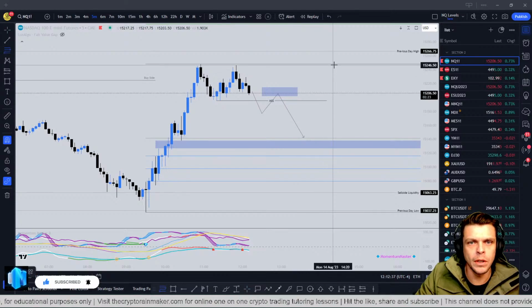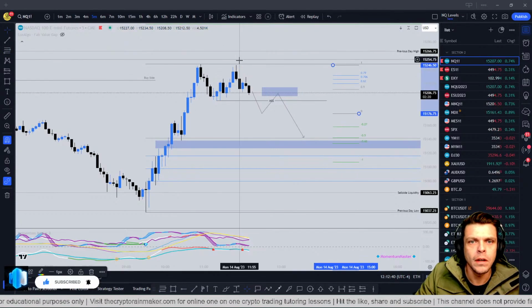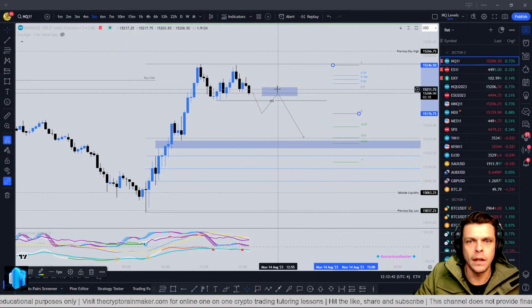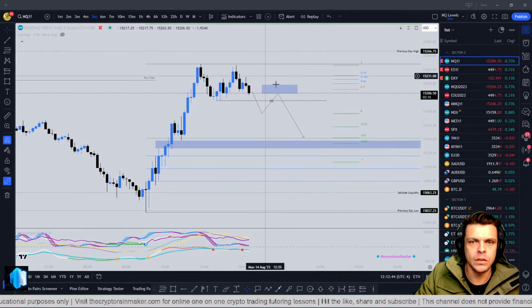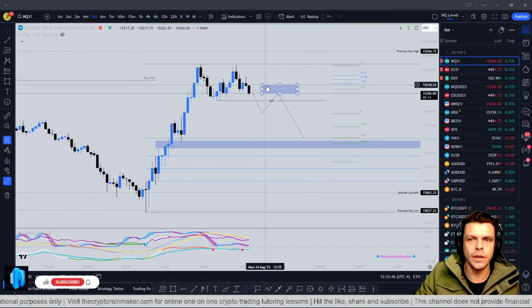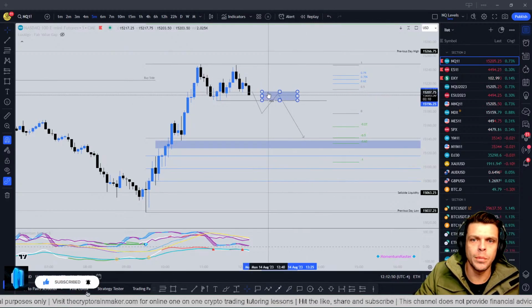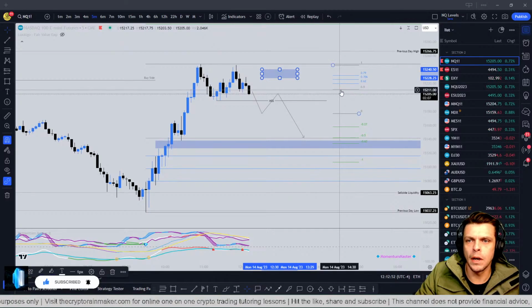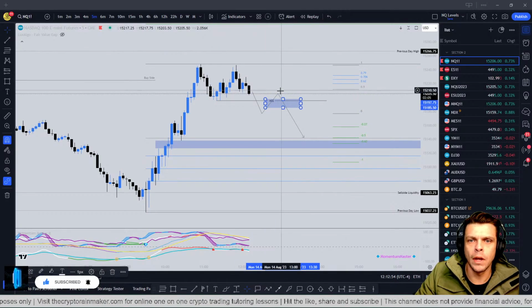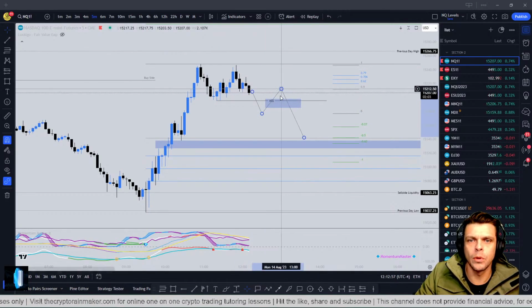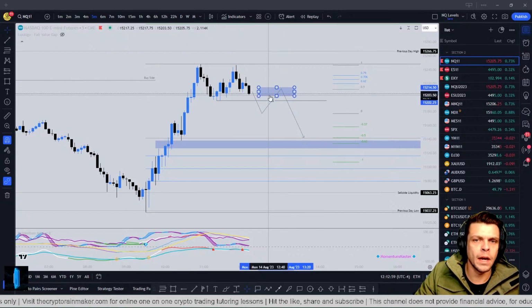We also want to be pulling our Fibonacci from the high to the low, and then what I like to do is I want to see this fair value gap in the premium area. If it's not in the premium area, meaning it's below the equilibrium, then I will enter right on the equilibrium. But it's important that we have the displacement.